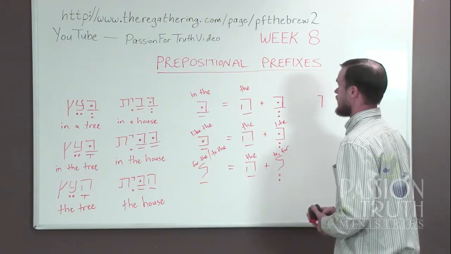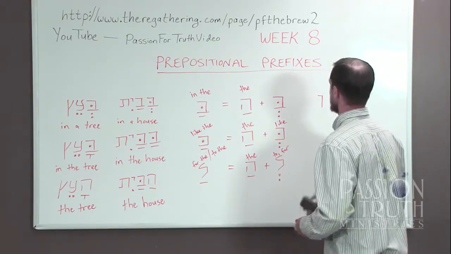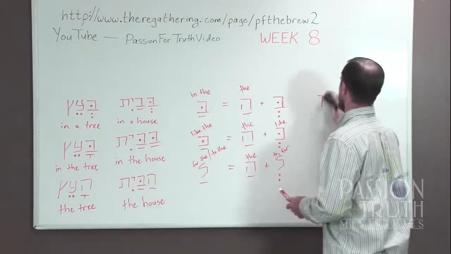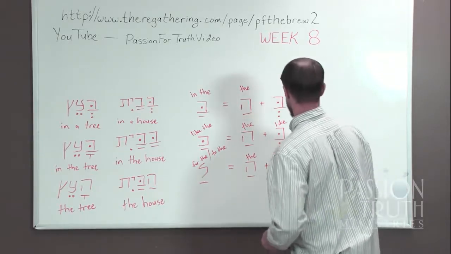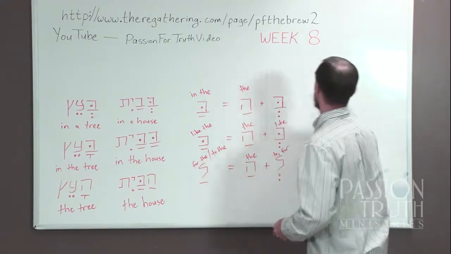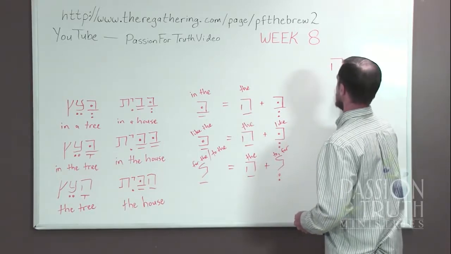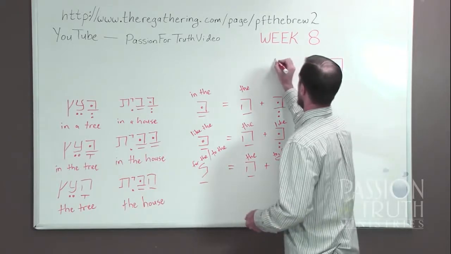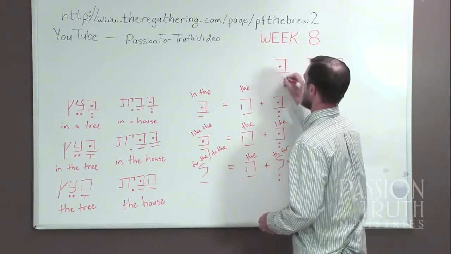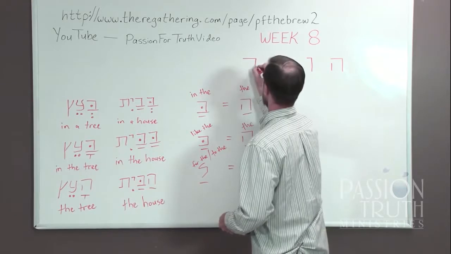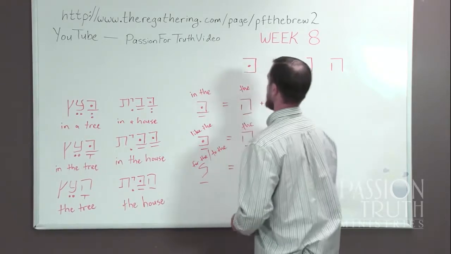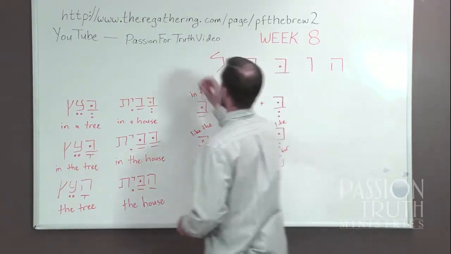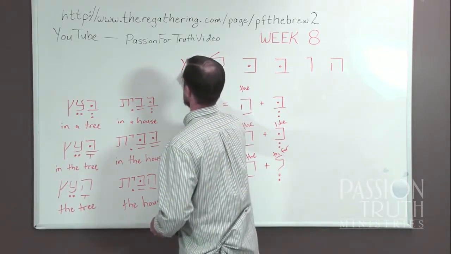So that leaves us with six prefixes. Hey being the definite article, vav being and, bet being in or with, kaf meaning like, lamed meaning to or for, and the mem meaning from.